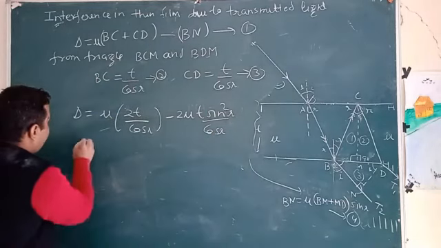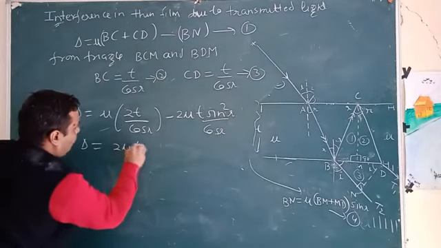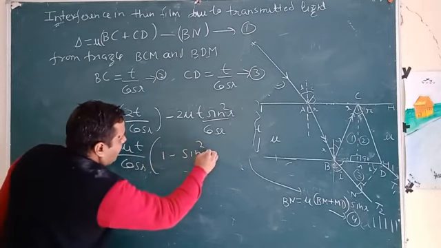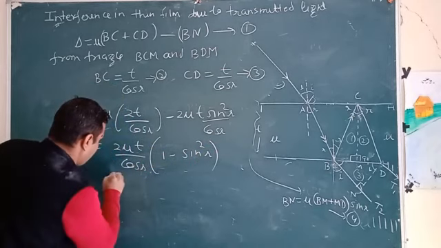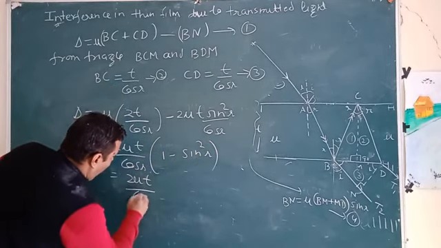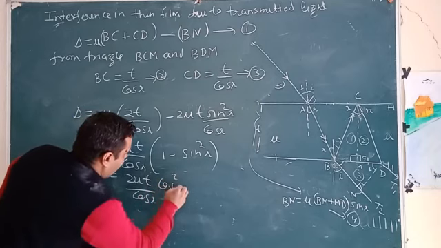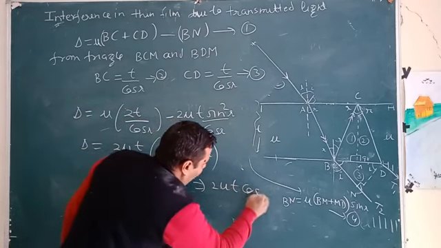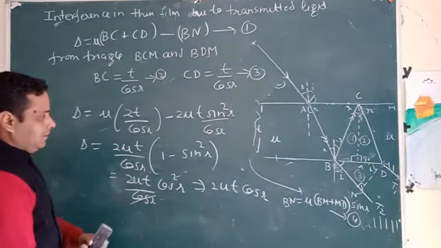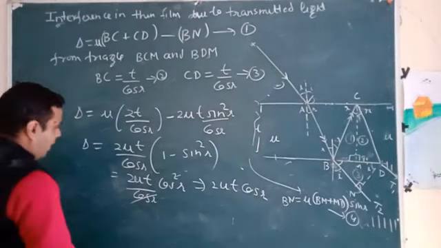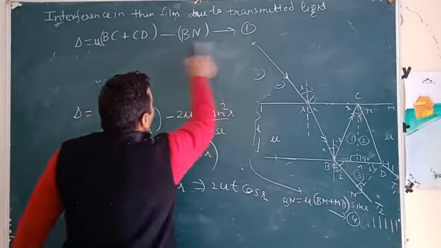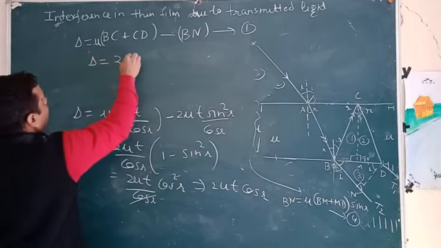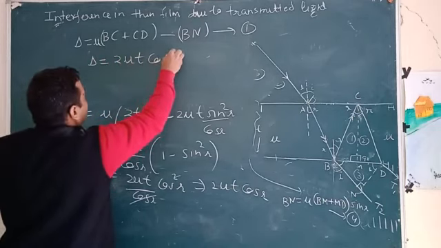Taking the constant common, this is 2 mu T (1 minus sin square r) upon cos r, that is 2 mu T cos square r upon cos r. Cancelling, the total path difference comes out to be 2 mu T cos r.